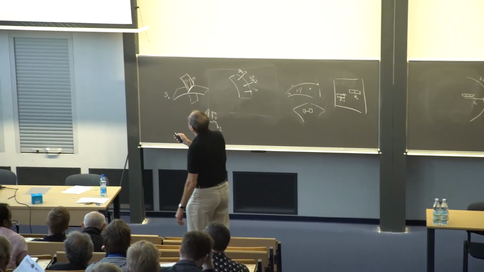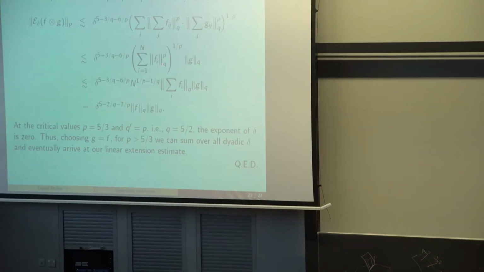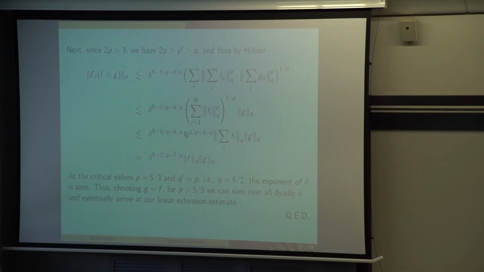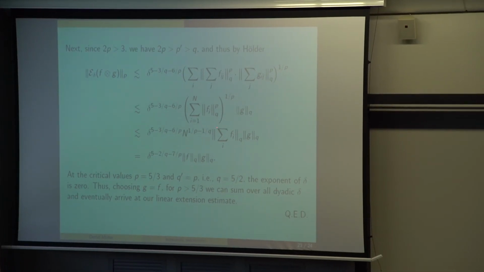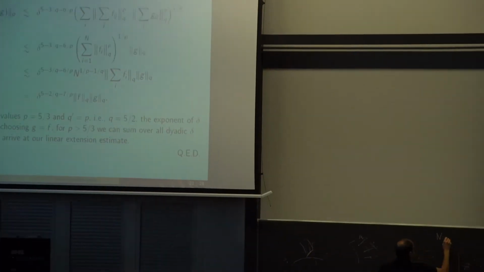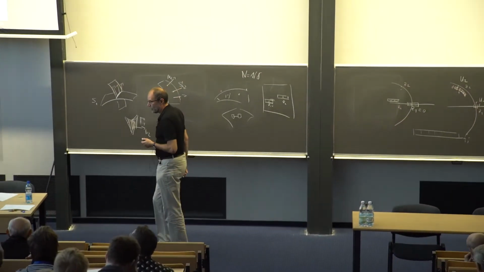And here you still have the sum of the LQ norms of the Fi to the power p. And then you just, again, simply apply Hölder, you pick up another exponent. The number of terms, capital N, is just 1 over delta.